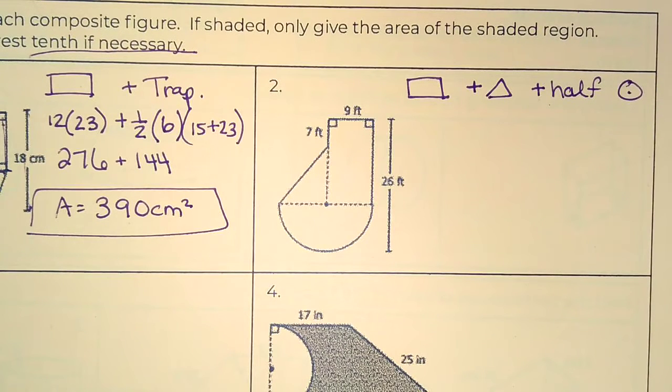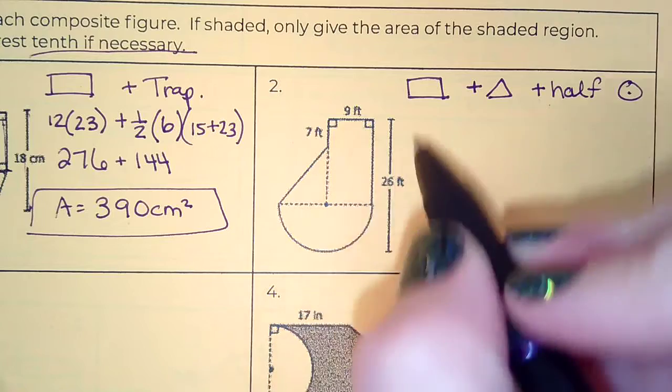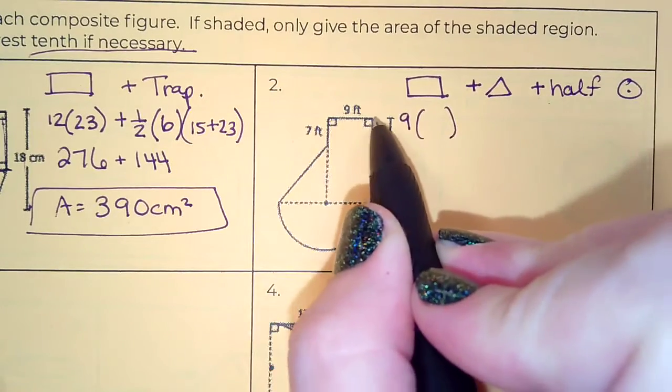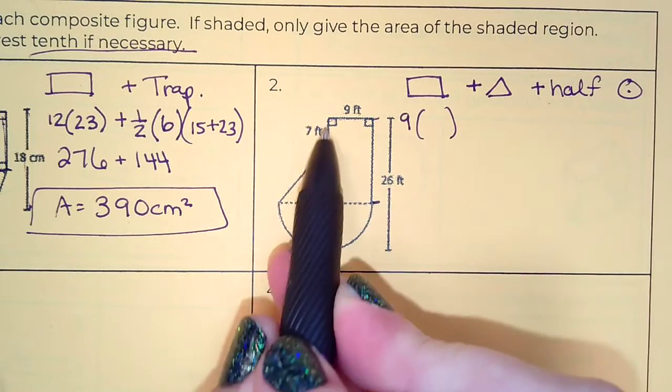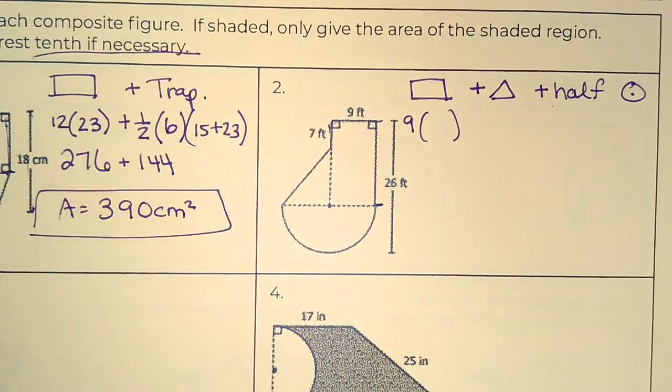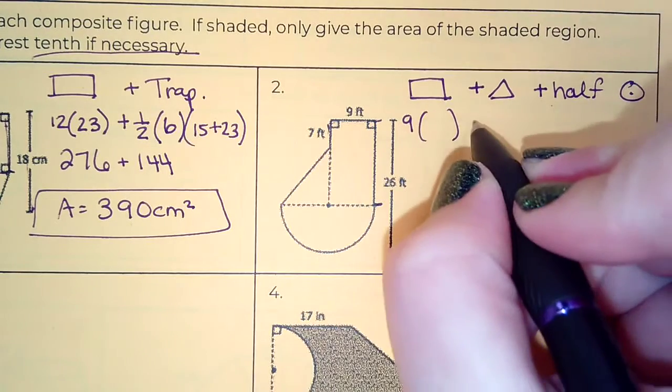So let's start with the rectangle. What are my sides? Well, can I actually start there? I know it's 9 by something. This is 9. I don't know the length from here to here. I know this little portion is 7. The whole thing's 26, but I don't have enough information yet.